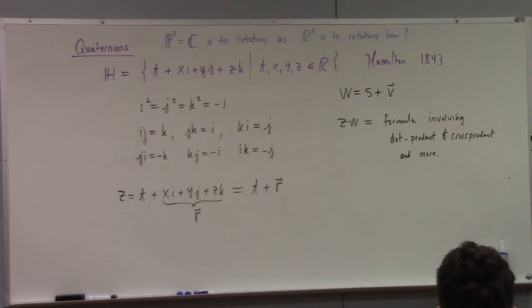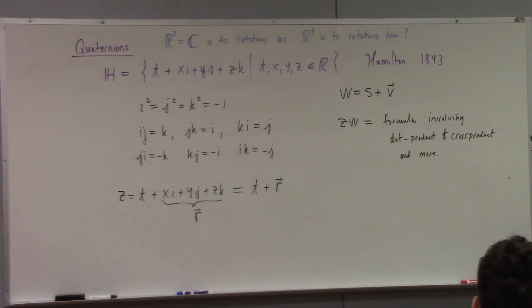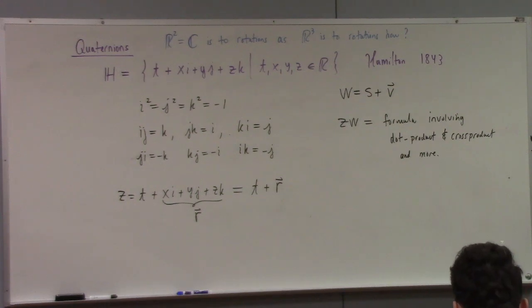I'll do that at the start of next class. We're out of time today, unfortunately, but because the quaternionic product implements both dot products and cross products, we could use quaternions to write all of the equations that you know and love from engineering and science, right?